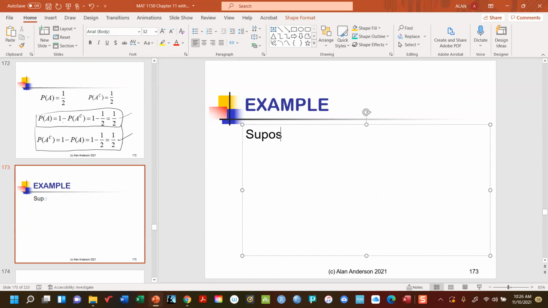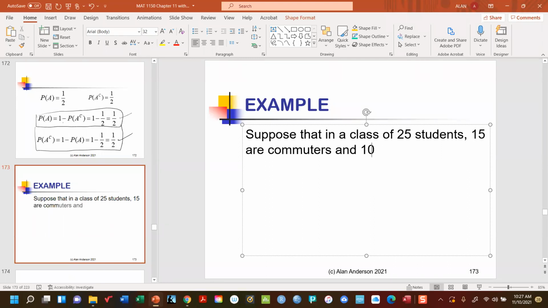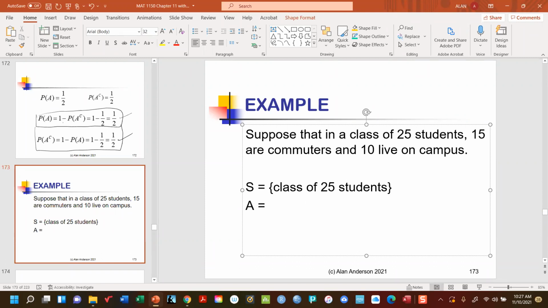Let's just say this. Suppose that in a class of 25 students, 15 are commuters and 10 live on campus. So the sample space is the entire set of 25 students. Let's define A to be the event, imagine the experiment consists of randomly picking a student from this class, and A is the event that the student chosen is a commuter.